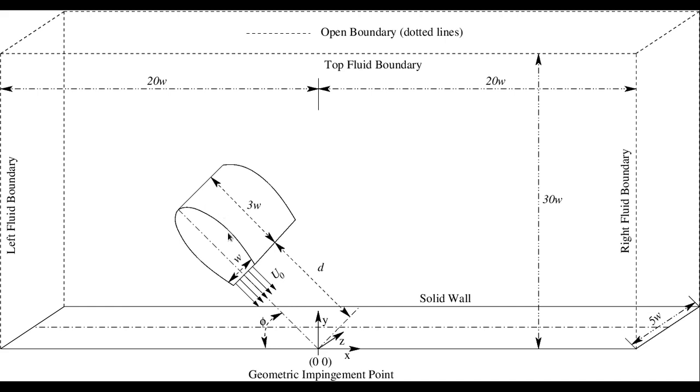We are keeping this kind of profile. Why are we considering this kind of profile? So that when the fluid comes from the top, it won't have much disturbance because of the shape of the nozzle. That's why we are considering the shape of the nozzle as elliptical, so that there will be smoothness for the incoming fluid which is coming from the top boundary toward the plate.